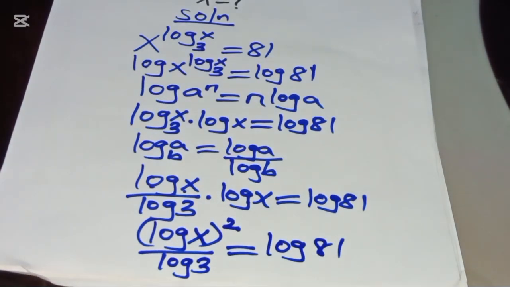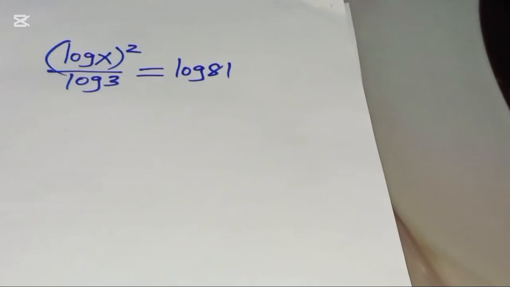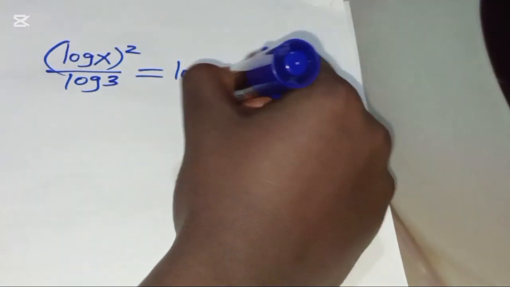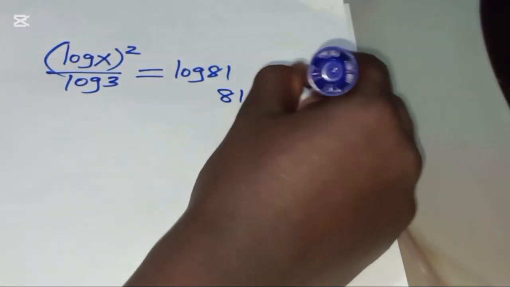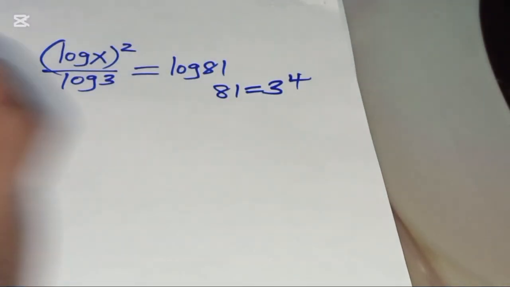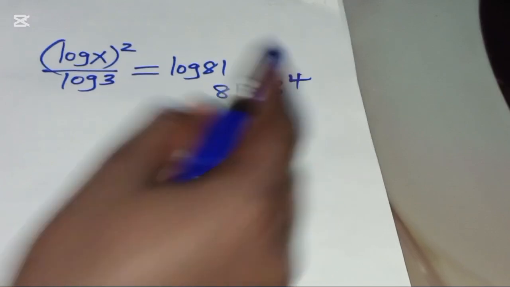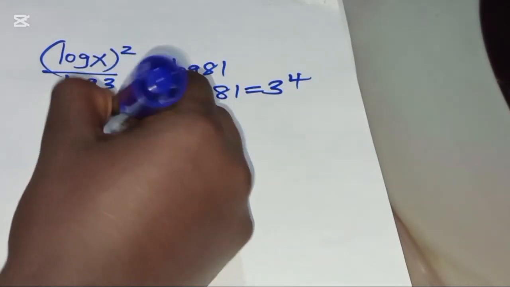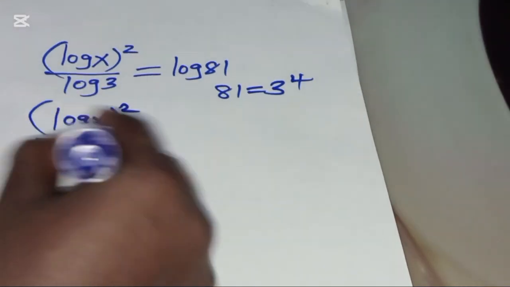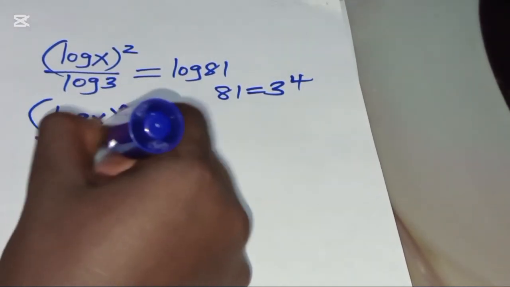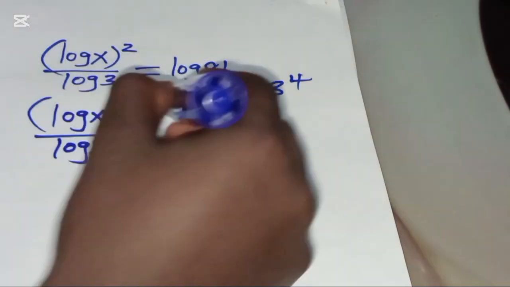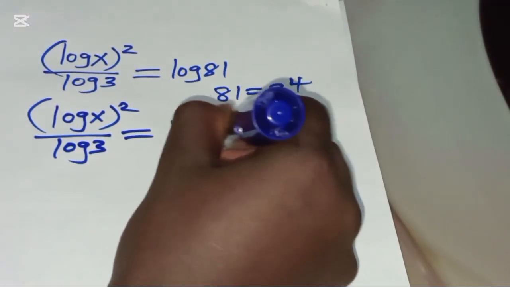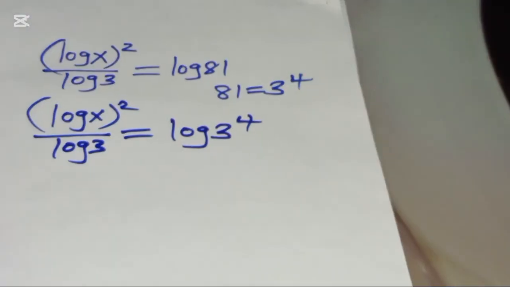So let's proceed. We have log x to power 2 divided by log 3 equal to log 81. We can express 81 as 3 to power 4. Substituting this, we have log x to power 2 divided by log 3 equal to log 3 to power 4.